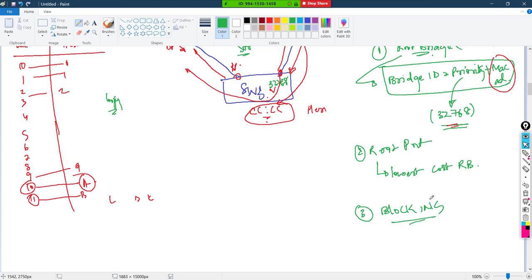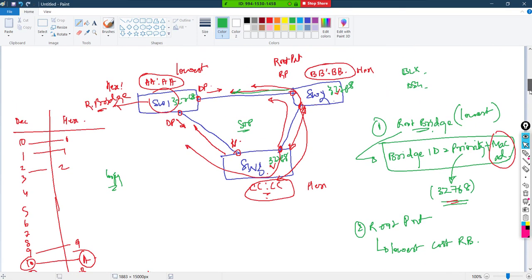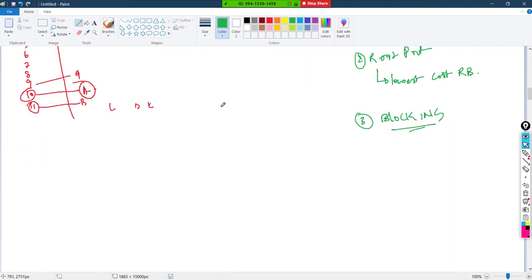Which one do you think would be blocking, this interface or this interface? Let me write it once again. Let's say this is switch 1, 2, 3.